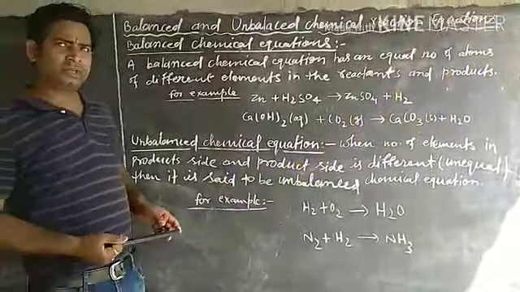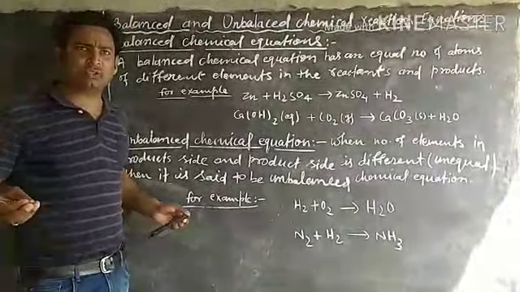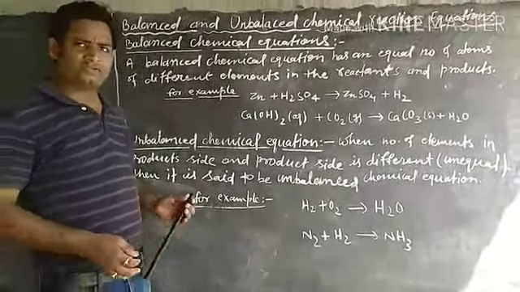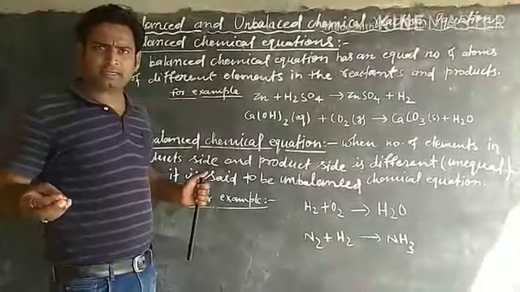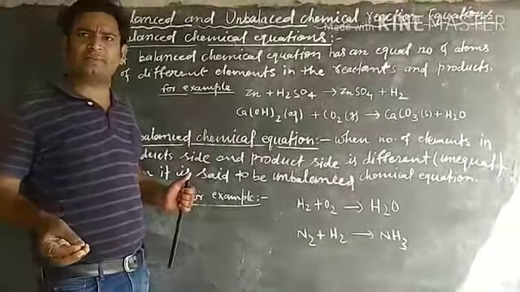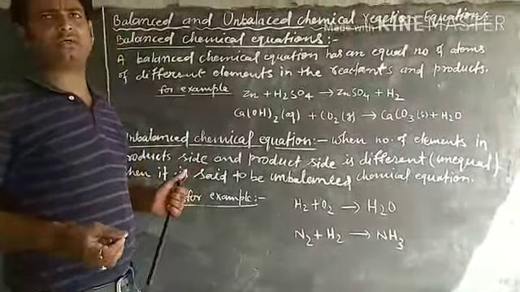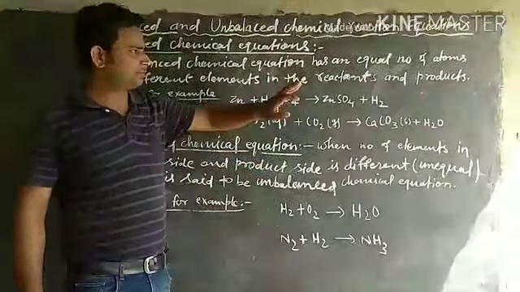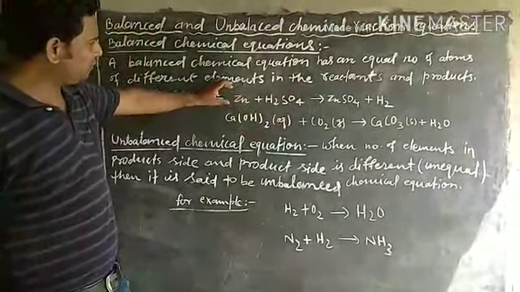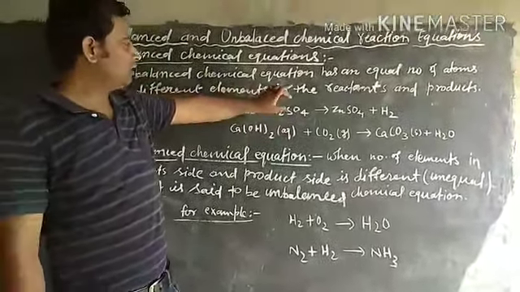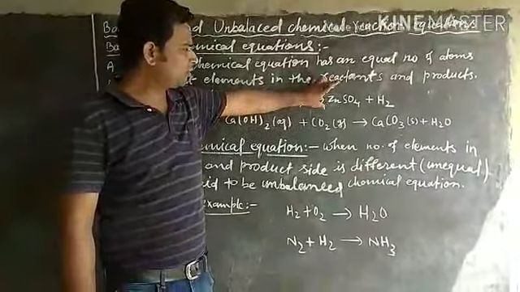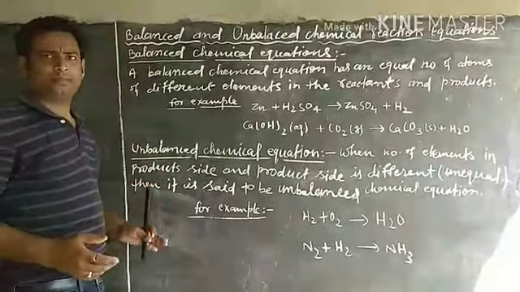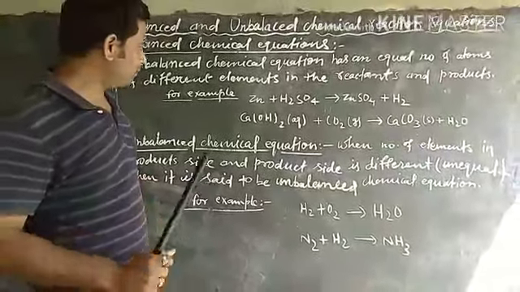It means an equation is said to be balanced when the number of elements on the reactant side is equal to the number of elements on the product side.